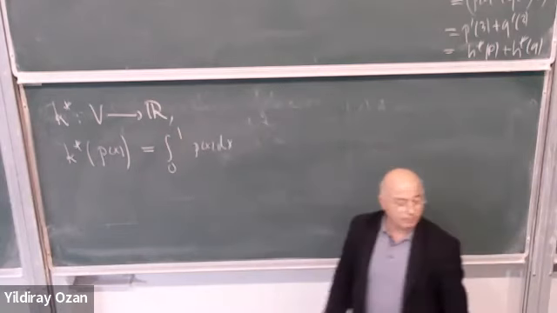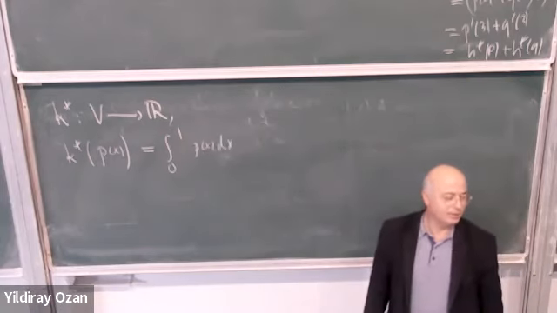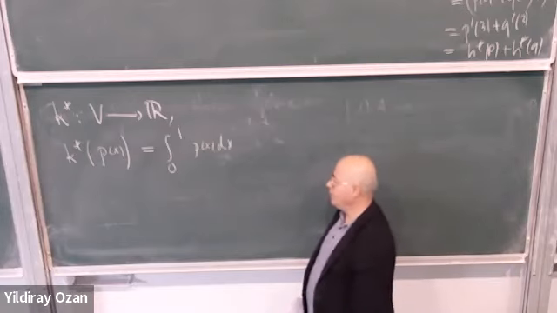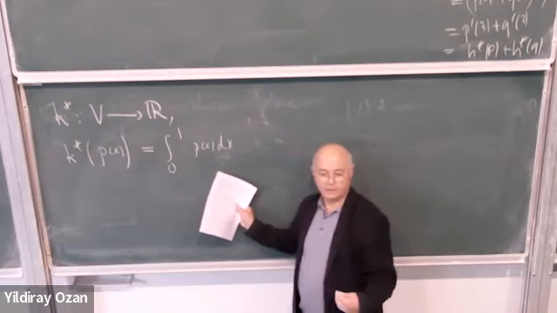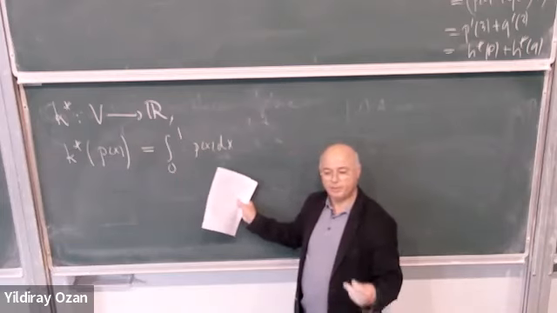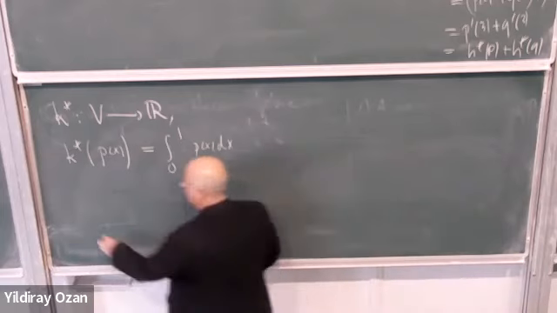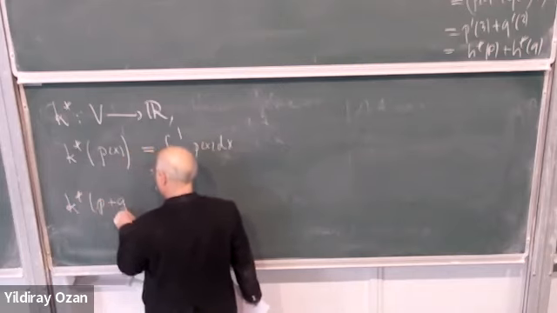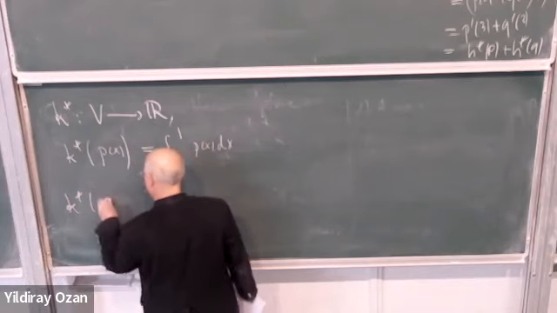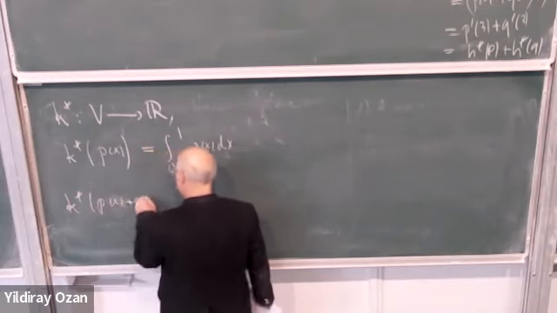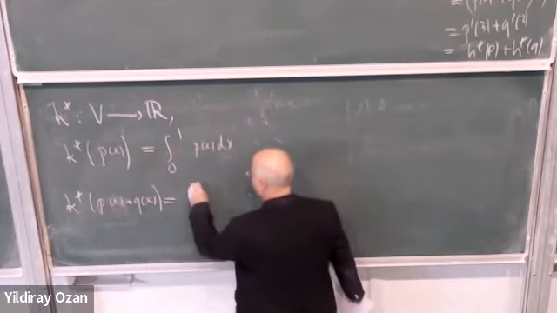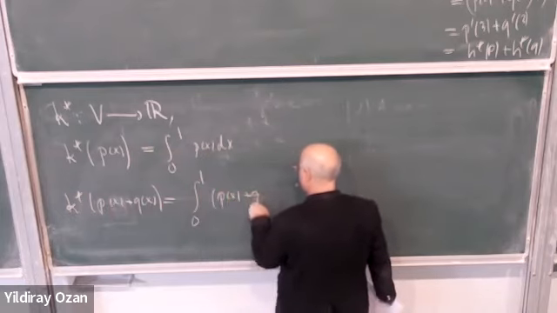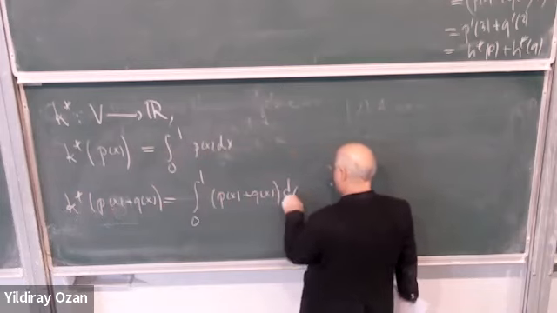This is also a linear map, right? Integration. If you have p plus q, the integral of p plus q is the integral of p plus the integral of q. Take p plus q, okay, p(x) plus q(x). What is this? By definition, this is just the integral from 0 to 1 of p(x) plus q(x) dx.